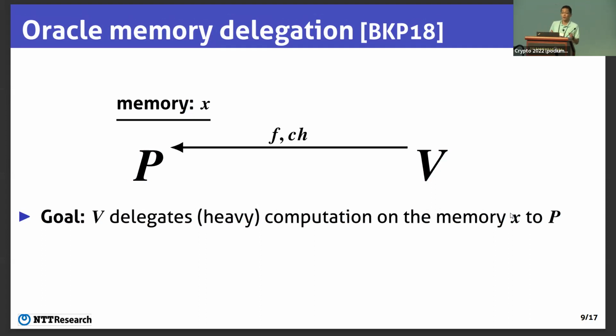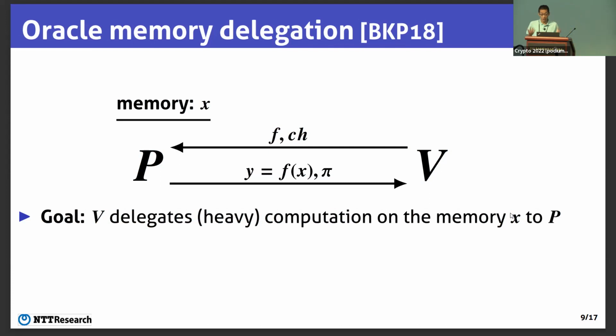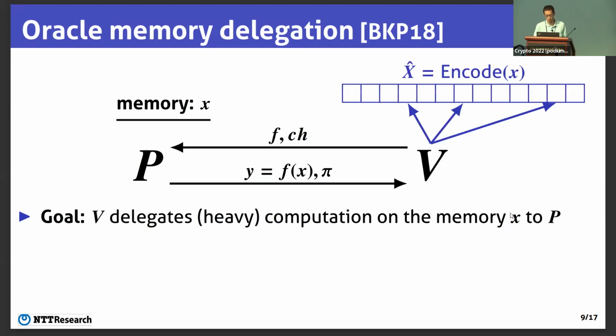In particular, the verifier first sends the function to delegate along with the challenge string to the prover. The prover evaluates the function on the memory and sends the output to the verifier along with a proof showing that the output was correctly computed. An important property is that the verifier does not receive the whole input in the clear, and instead is only given Oracle access to an encoding of the memory, and only makes a small number of queries to the encoding.